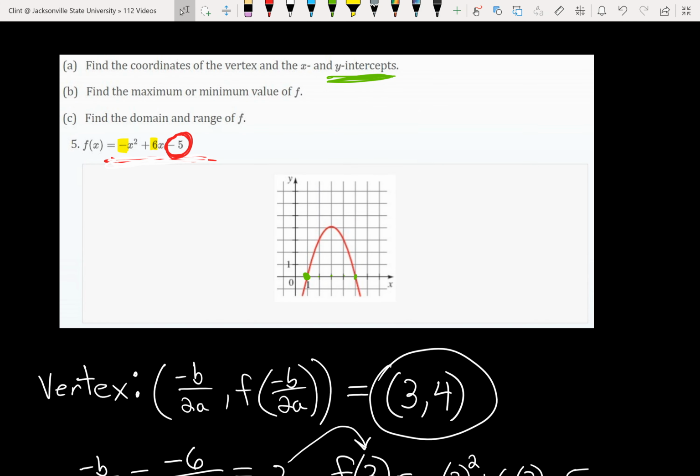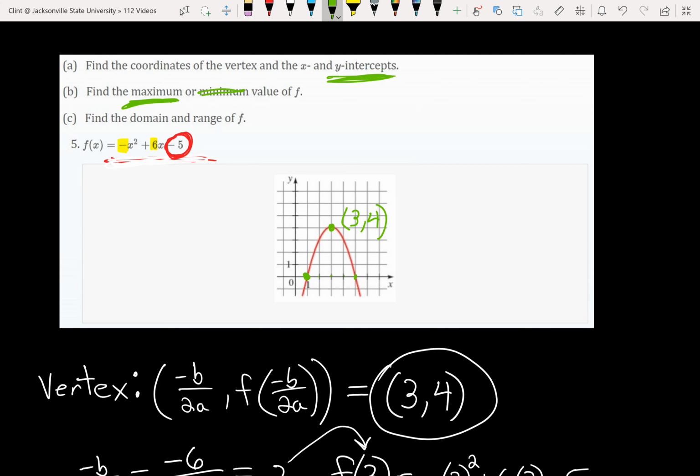B says find the maximum or minimum value of f. Well, we've already figured out that our vertex here is at the point (3, 4). So first of all, our parabola opens downward, so we're going to have a maximum, right?